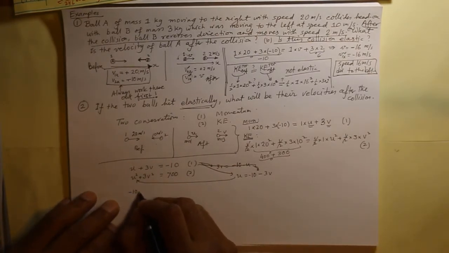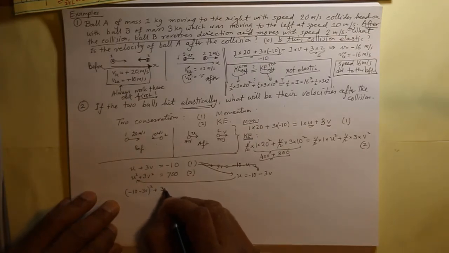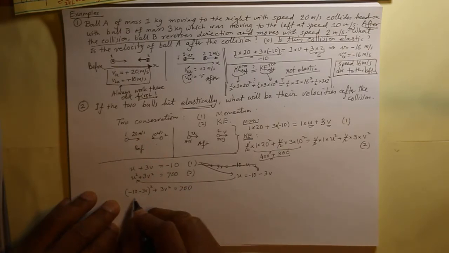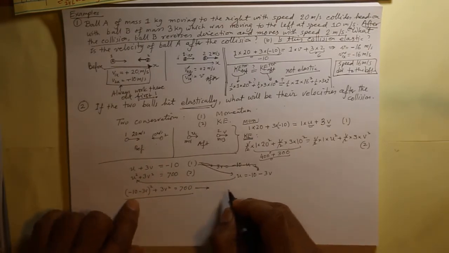So (minus 10 minus 3v) squared plus (3v) squared equals 700. And this is just one equation in one unknown. It's a quadratic equation. So let's expand this.